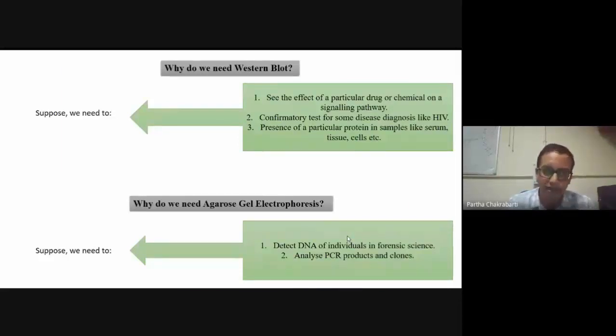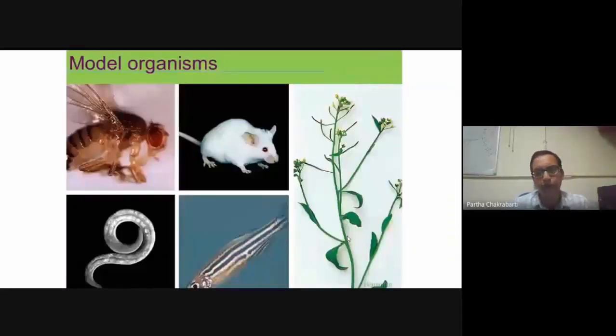we mostly depend on Western blot analysis. And for biology, as I already mentioned, because we cannot control the variations in organisms in the wild, we have to go to a few model organisms where we can actually control, for example, their genetics. So the laboratory animals are there. Drosophila, one of the classic examples, and C. elegans, at the bottom you can see here.